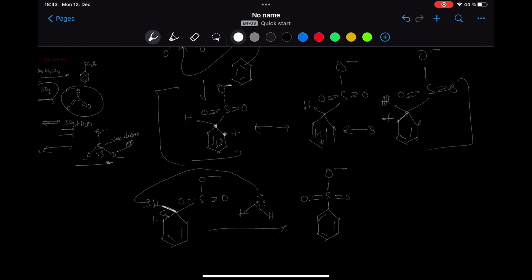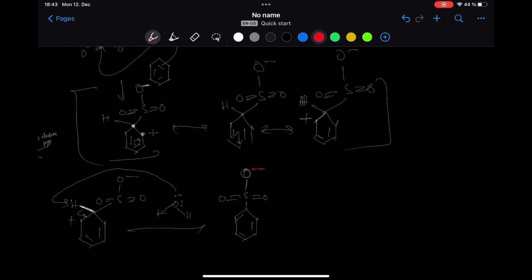But as you can see, we already have a negative charge on this oxygen atom, right? We have a negative charge here. So there is an additional step in contrast to our other electrophilic aromatic substitution reactions, like nitration or Friedel-Crafts alkylation or acylation. So in the next step, you know that the sulfuric acid usually can stay as H3O plus, and as well HSO4 minus. So in this particular case, since we have this H3O plus, let me draw the structure.